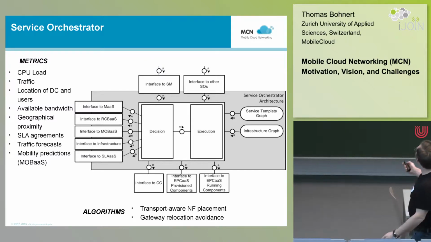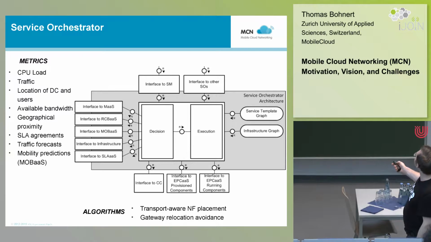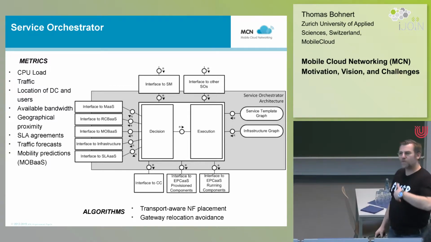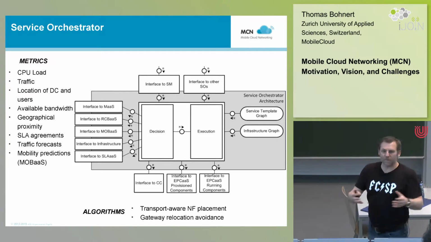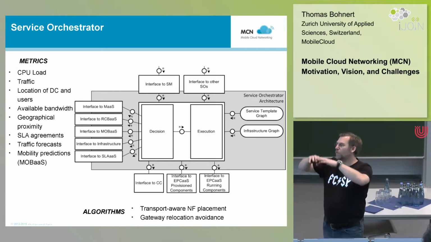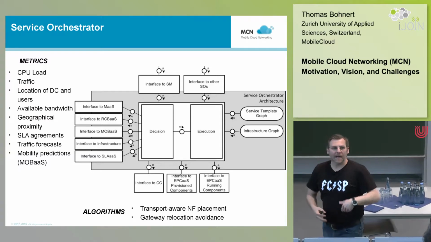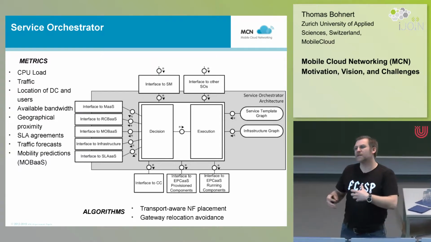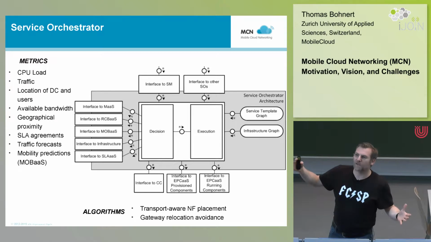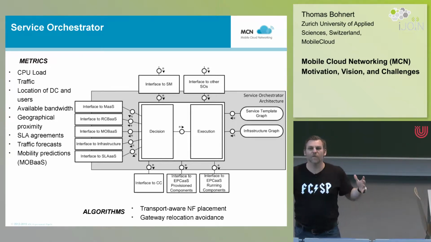For that, the service orchestrator has interfaces to mobility as a service, to monitoring as a service, to the SLA framework, also provided as a service, because if you want to get a mobile network, you also need a whole OSS and BSS environment. It is able to retrieve these metrics and by that scale in and scale out, or shrink and increase the amount of resources that you have available for your particular service.